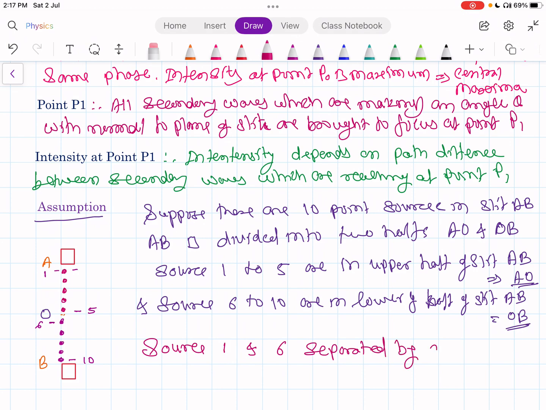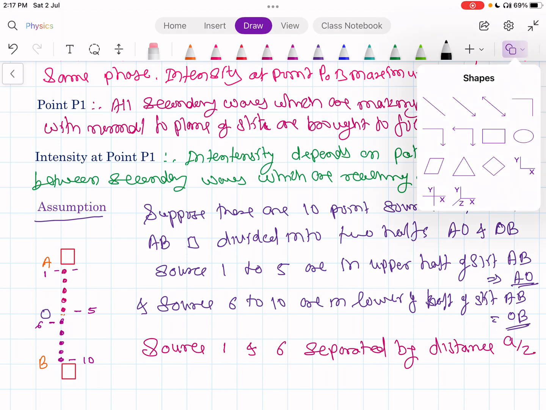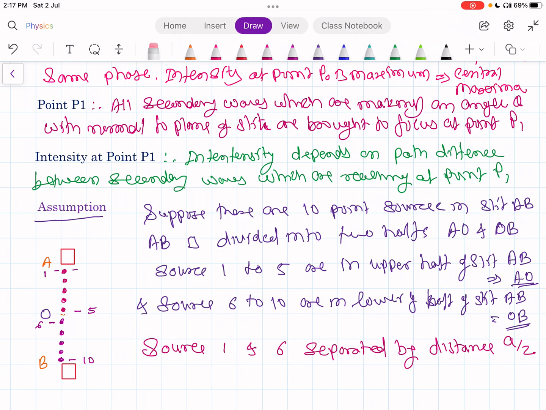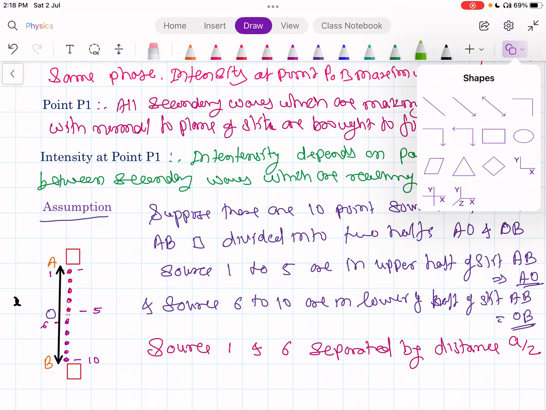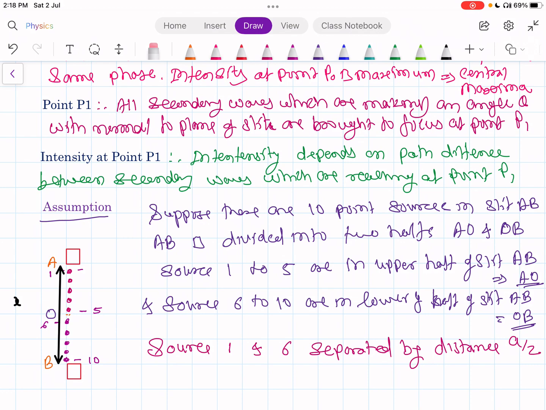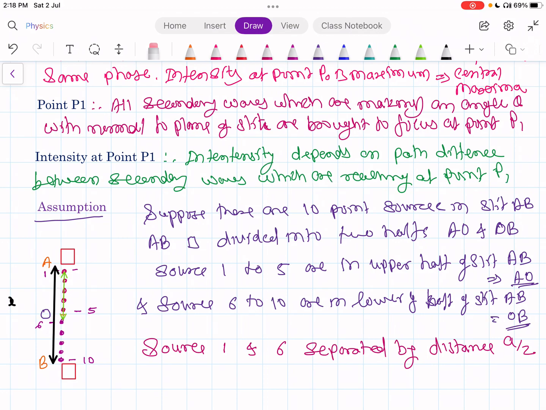As you know, the total distance is a. But the distance between the source 1 and the source 6 is a by 2.